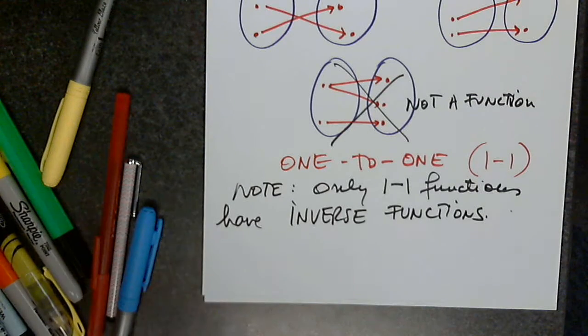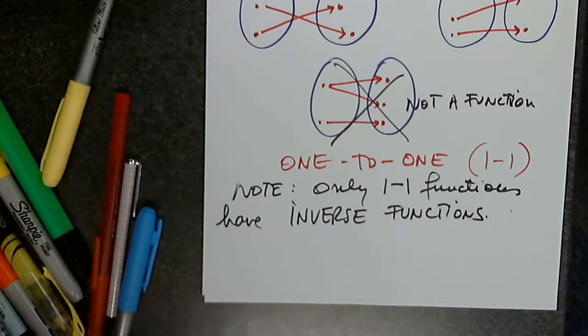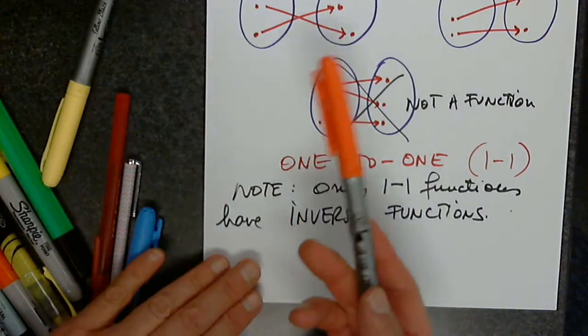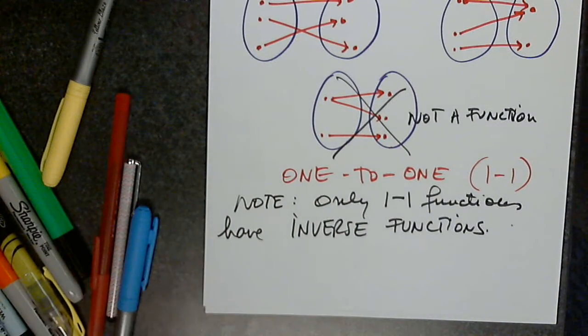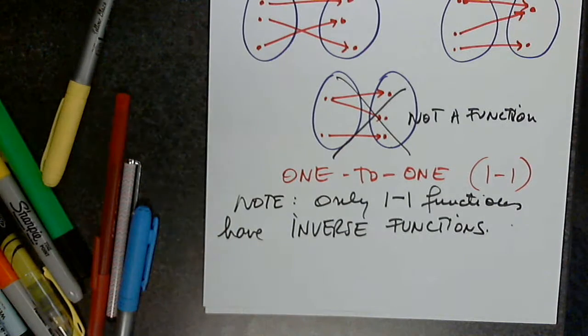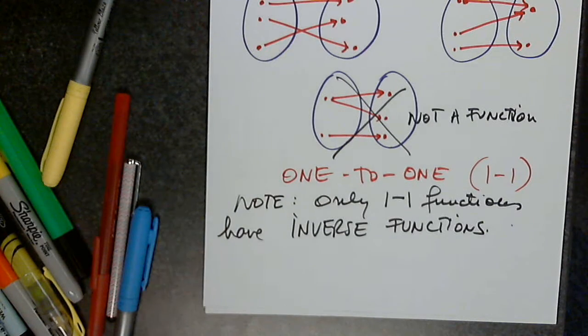The other ones may have inverses, but those are not functions. And that's not what we're interested in. We're interested in functions who are one-to-one and have inverse functions. And if you ask me why, it's because the two functions that are the core of this chapter are inverses of each other. That's the reason why we discuss inverse functions here.